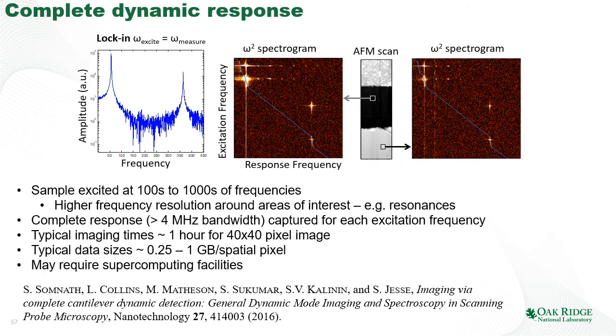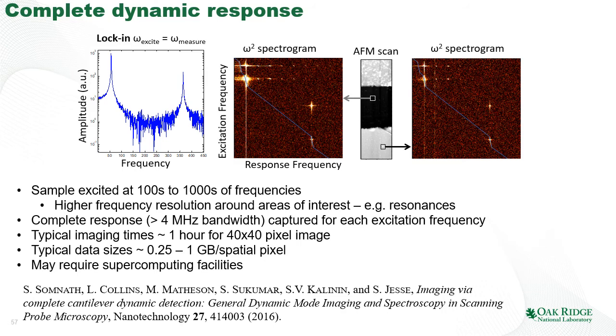Then we get what we call the omega squared method, when we measure the response of the system at all frequencies while sweeping the excitation frequency. So it turns out that this measurement is actually pushing the technical capabilities of modern microscope from the point of view of the information infrastructure.